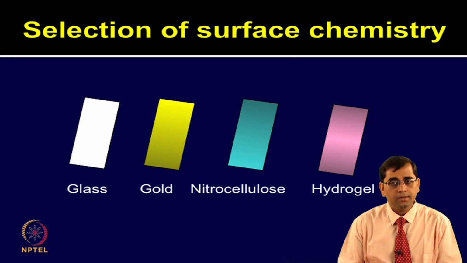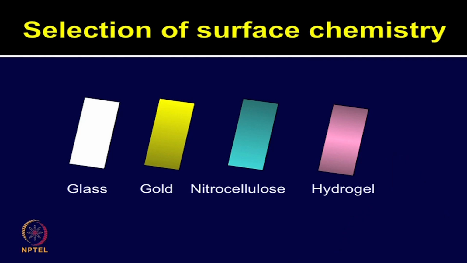Gold in comparison has much lower reactivity. Absorption to surface is low for gold and glass and is high in case of nitrocellulose and hydrogels. This platform can be made compatible to mass spectrometry using gold surface. Thus, depending on the broader goal of the experiment, one can choose an appropriate surface.